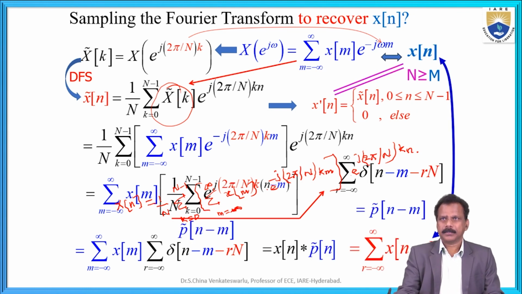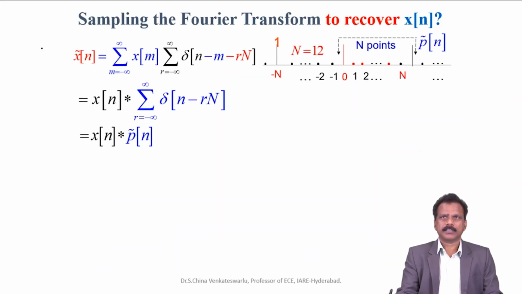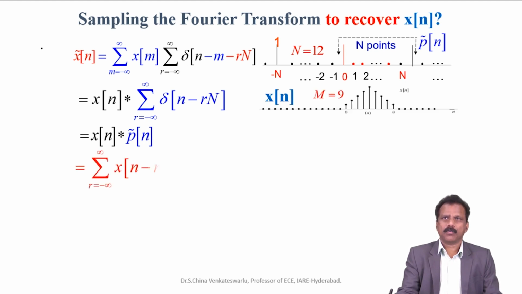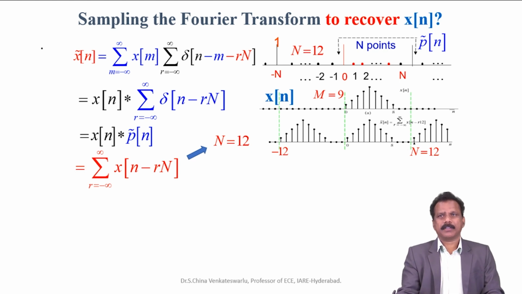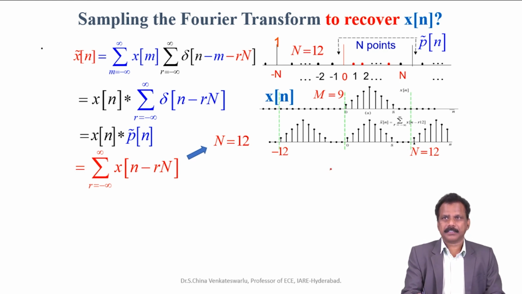Like this, you try to verify the sampling of the Fourier transform to recover x of n. Go on using this step by step, and for how many end points x of n, if capital N is equal to 12 and n is equal to 0, 1, 2, 3, 4 up to 12 and so on.